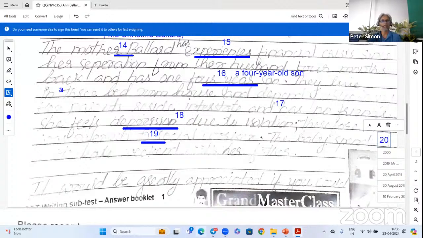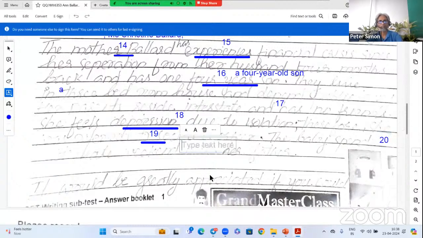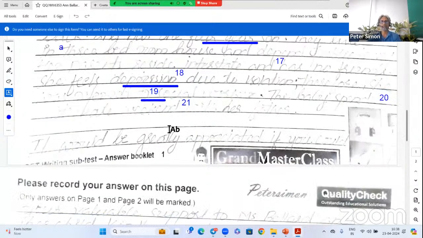21. Alternate weekends with her father. Alternate weekends. Weekends, okay. Weekends with her father.